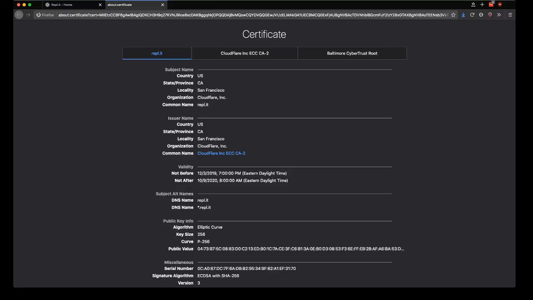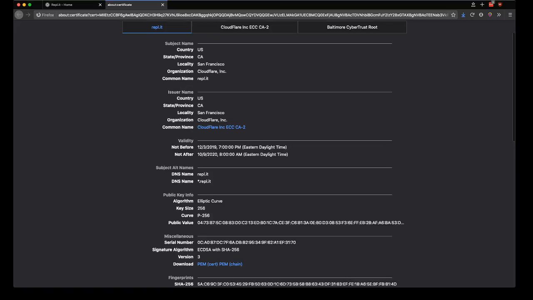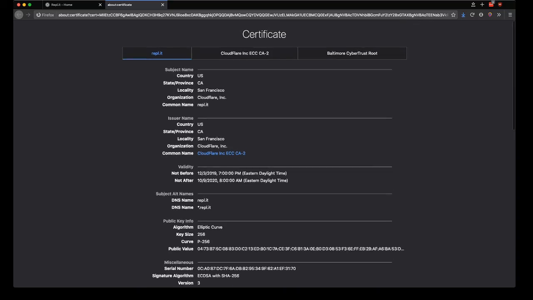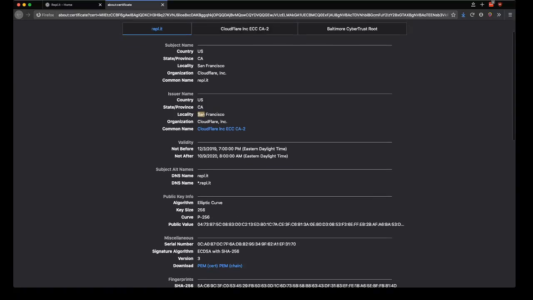So now what you can see here is the Replit certificate. This obviously isn't the raw certificate. This is the way it's displayed. You can see that the issuer for this certificate is Cloudflare Inc., that they're in San Francisco. This is all actually in the certificate. The certificate they're using for the encryption for Replit was created on December 3rd, 2019, and will be valid.